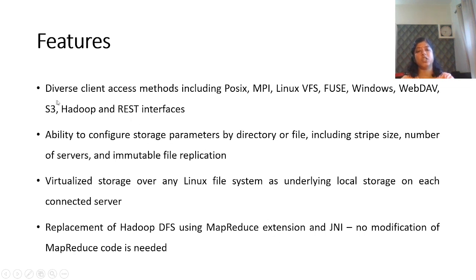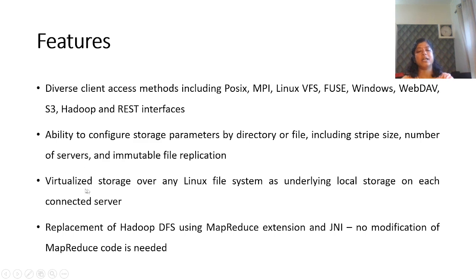Another feature supported by OrangeFS is diverse client access methods, which include POSIX, MPI, Linux VFS, Fuse, Windows, WebDAV, S3, Hadoop, and REST interfaces. Again, its capability to configure storage parameters by directory or file, including strip size, number of servers, and immutable file replication, makes it easily accessible.